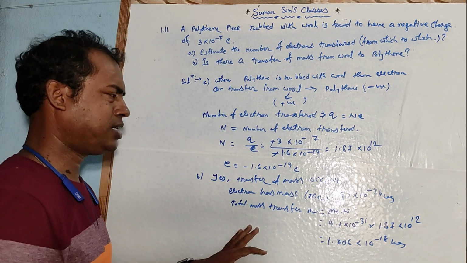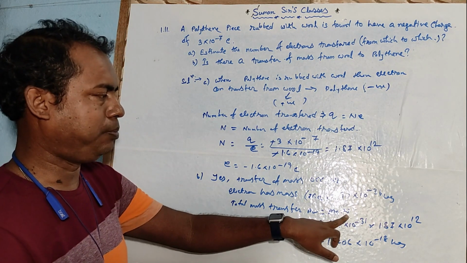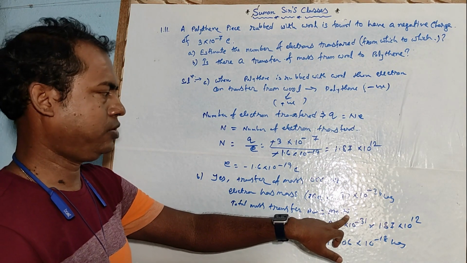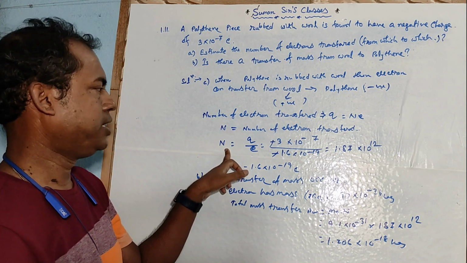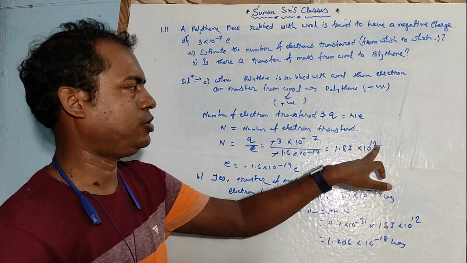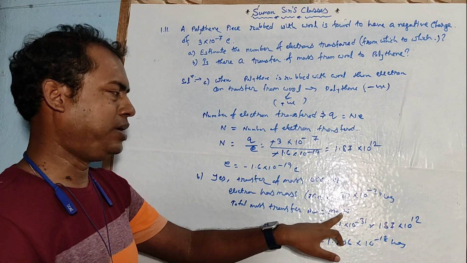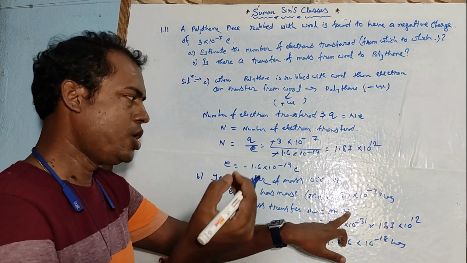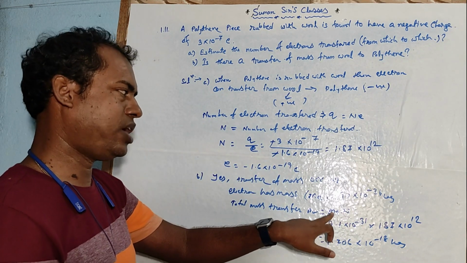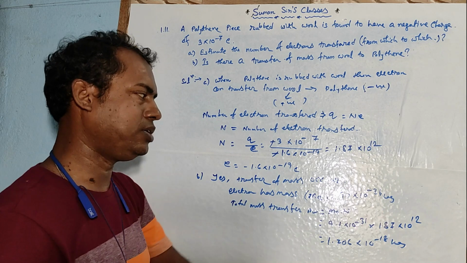Just check it out, it is a simple process. Total n number of electrons transferred; the value of n is calculated from question A, that is n equals 1.87 × 10^12. Now the mass of one electron is m_e, equal to 9.1 × 10^-31 kg.